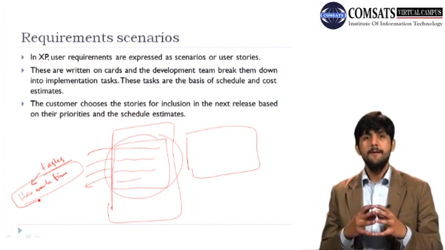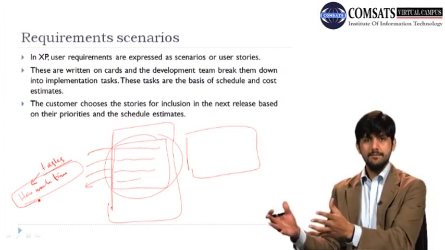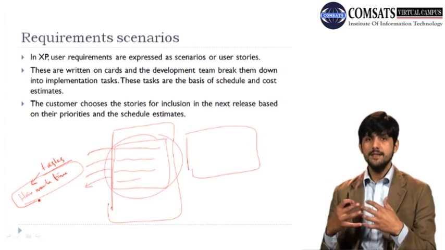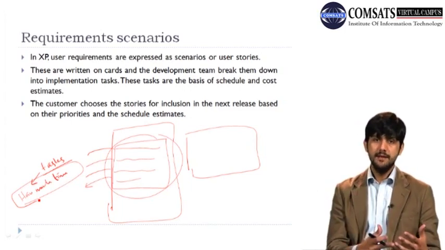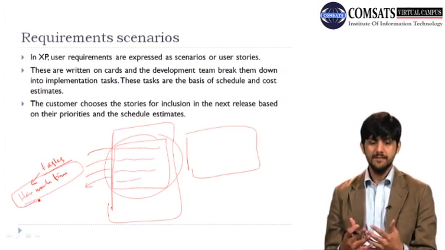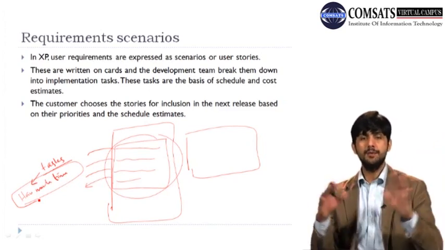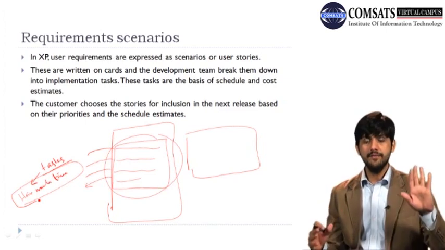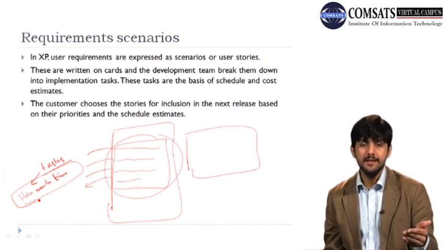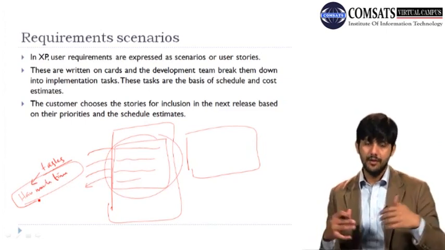Why? Because we believe in our team, and because they are part of this planning process, they take ownership of everything. People would raise their hands and say, okay, I will do this task in this many days. And because nobody is forcing them to say that, they are doing it on their own will.